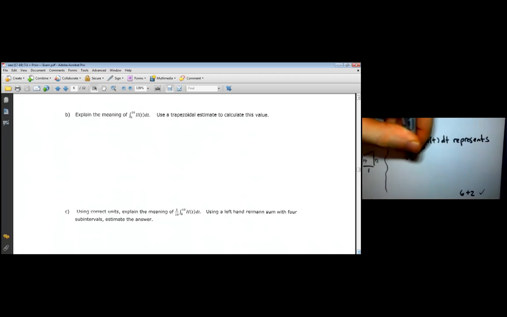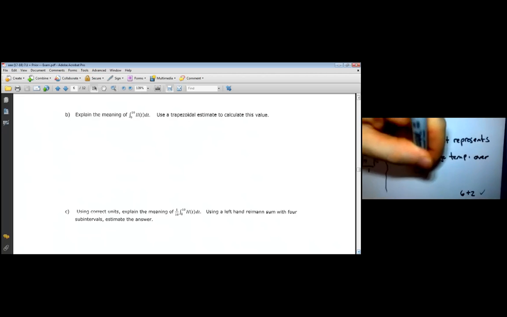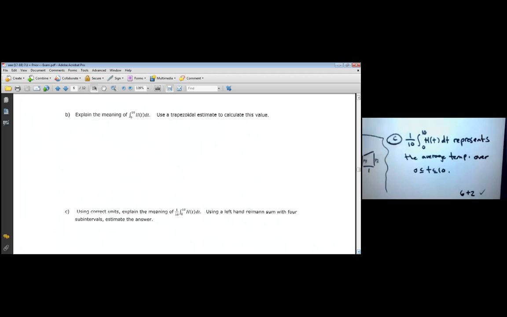Represents the average temperature over 0 to t to 10. 1 over 10 out front, that fraction is telling us that we are talking about average value. Okay. Any questions on that?